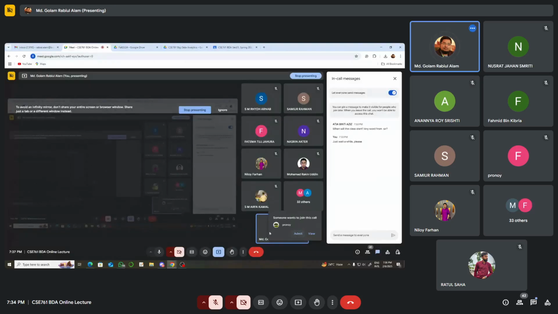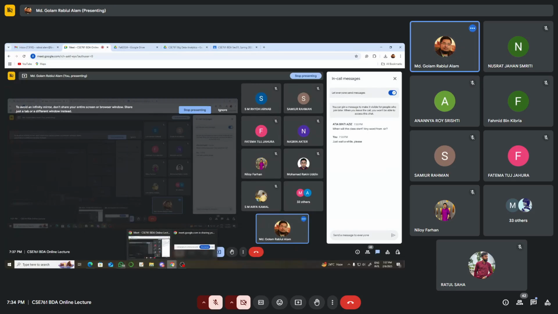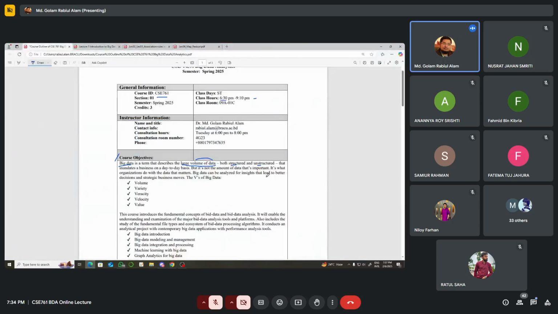Like in our RDBMS, relational database management systems, usually we follow a structure to store the data, and therefore with the definite structure we can retrieve this data. So that is our structured data.